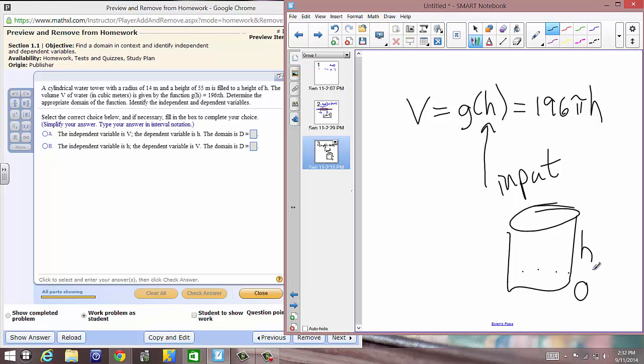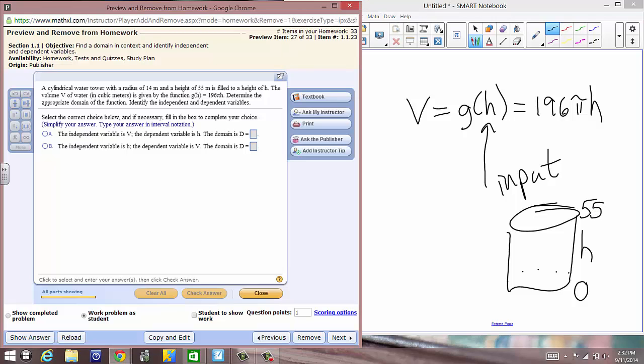Well, clearly it goes from 0 because you can't have a height anything less than that. And the maximum height is 55. So that would be our domain. So it's part B. So we will select part B. And the domain is, we will use our square brackets again.